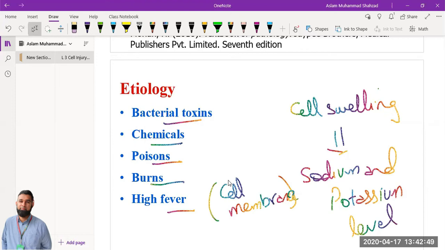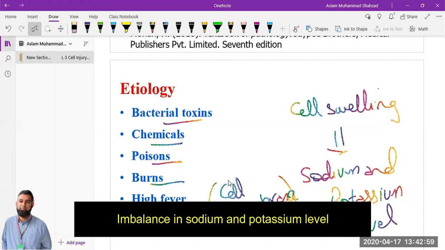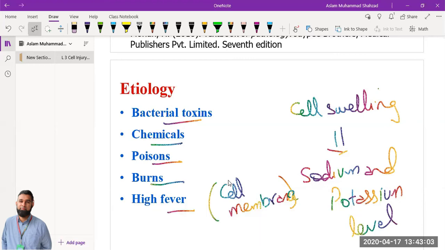So there will be more sodium accumulating within the cell, and more elimination of potassium. That leads to an imbalance in sodium and potassium level, and that is why the cell swelling will occur. The common examples of hydropic changes are in high fever, burn, poison, or chemicals.